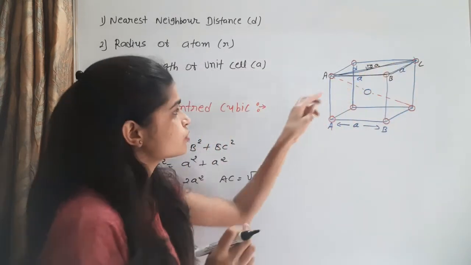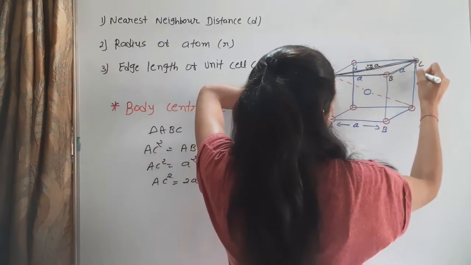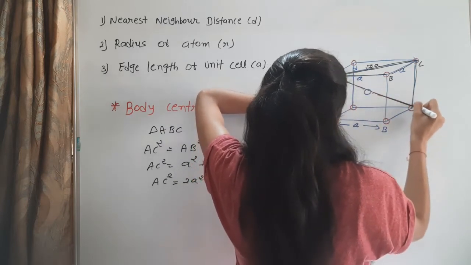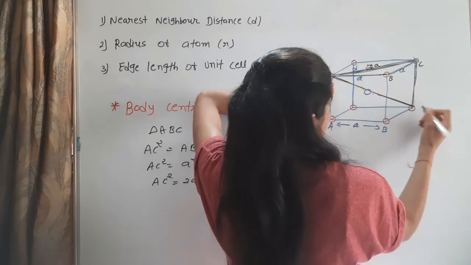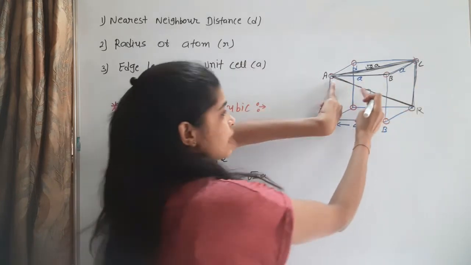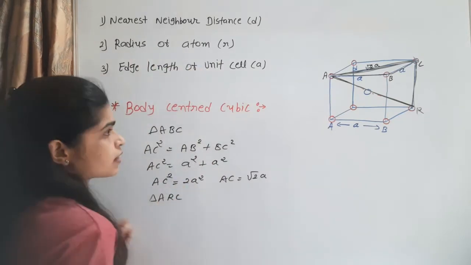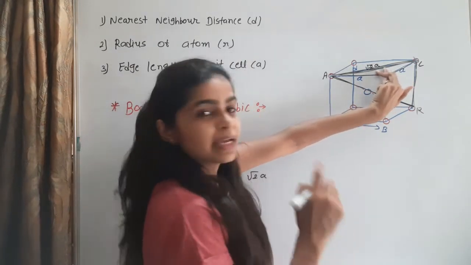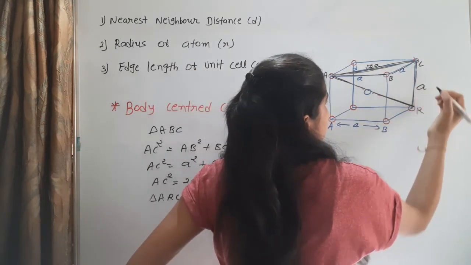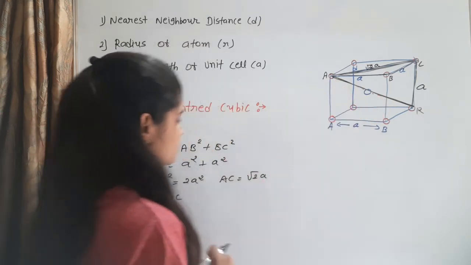But we need to find this distance, so we select another triangle, name the corner R: triangle ACR. This value AC is under root 2 A, and this value CR is the same as the edge length A. So find AR.